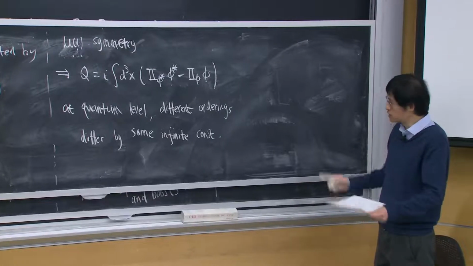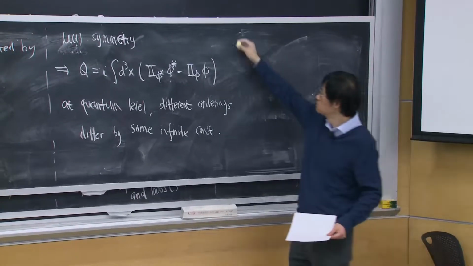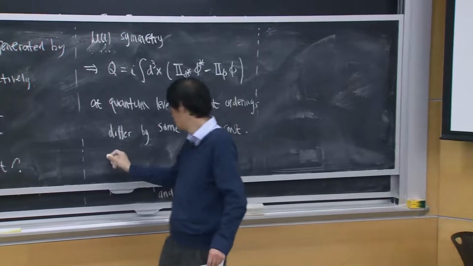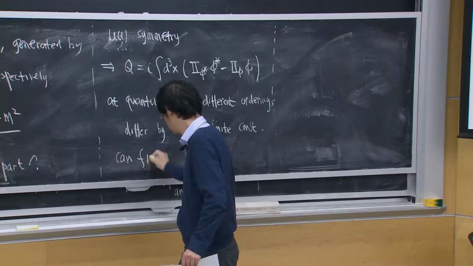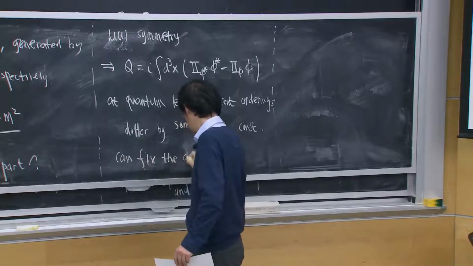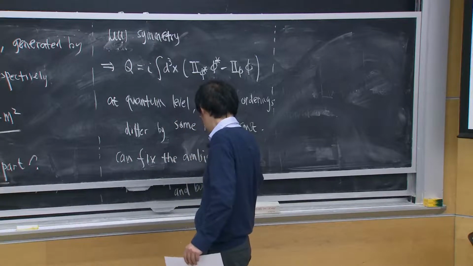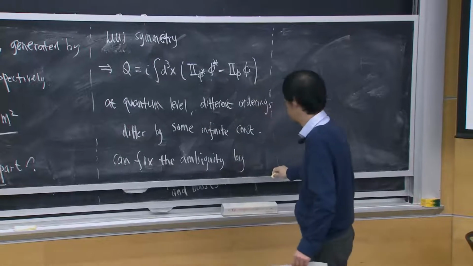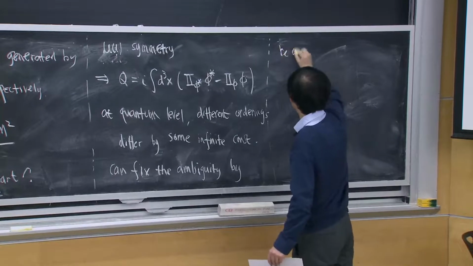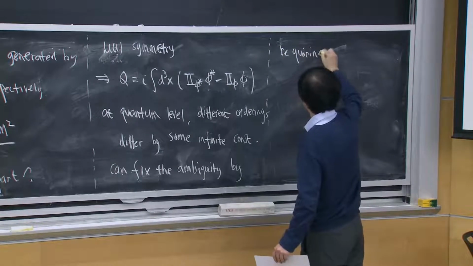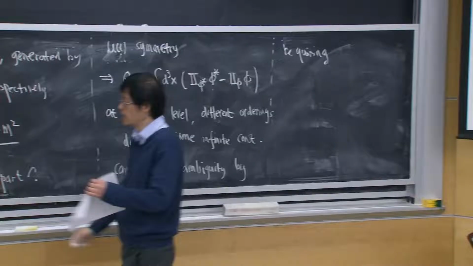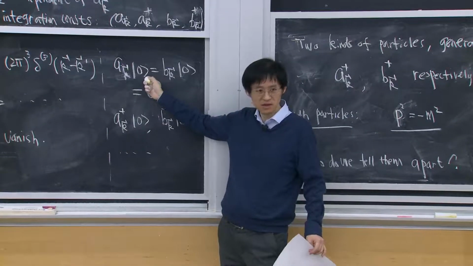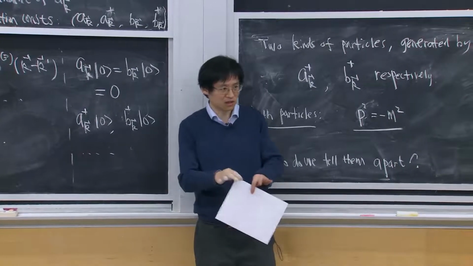But we can fix this ambiguity by requiring that your vacuum state, your lowest energy state, should have charge 0, because by definition, when you are at the lowest energy, there's nothing there.